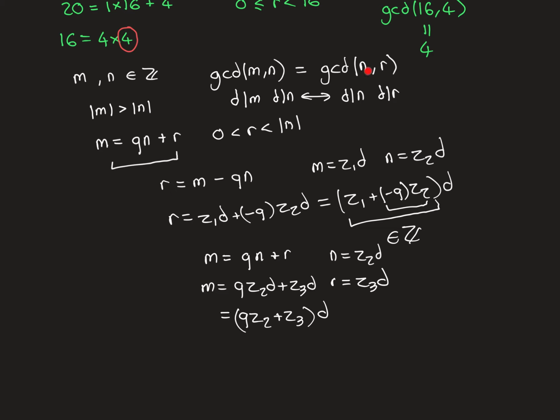What this now tells us is that actually the GCD of m and n is the same as the GCD of n and r. So we can reduce our problem to finding the GCD of n and r, and this is better. The reason this is an improvement is m was the biggest number, remember, in modulus. n was a smaller modulus number, and r is a smaller modulus number still.